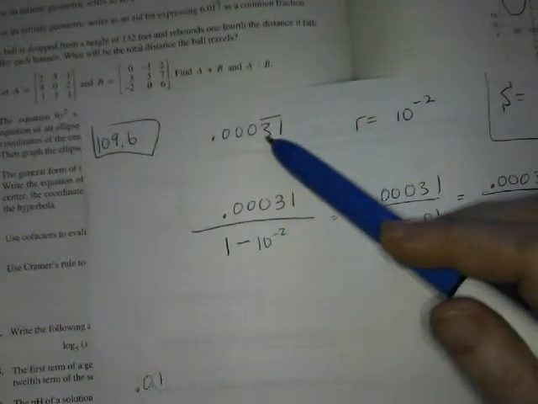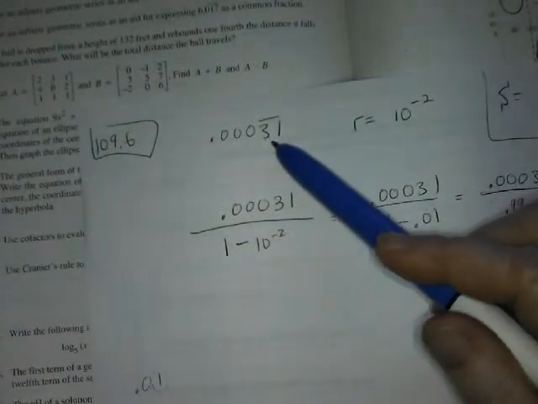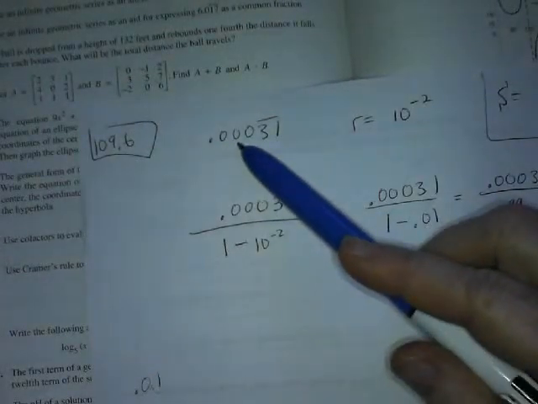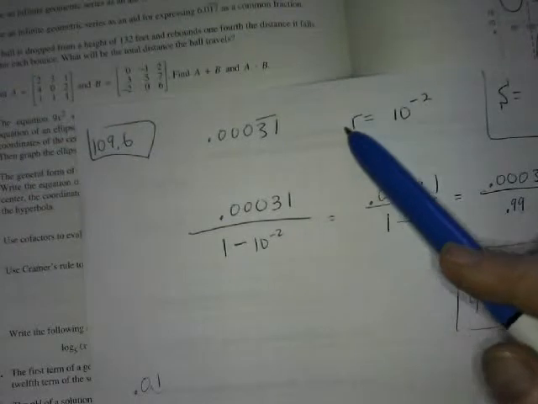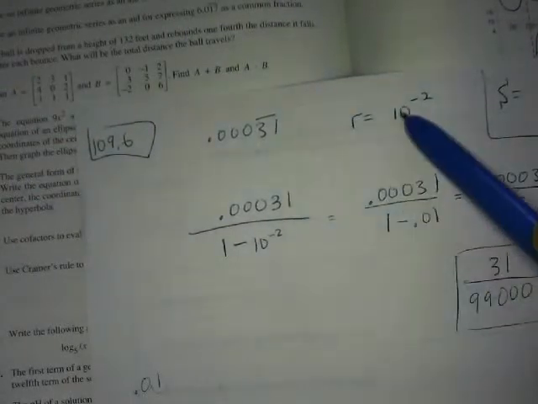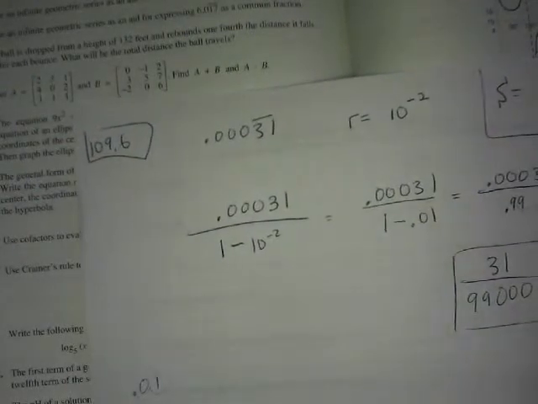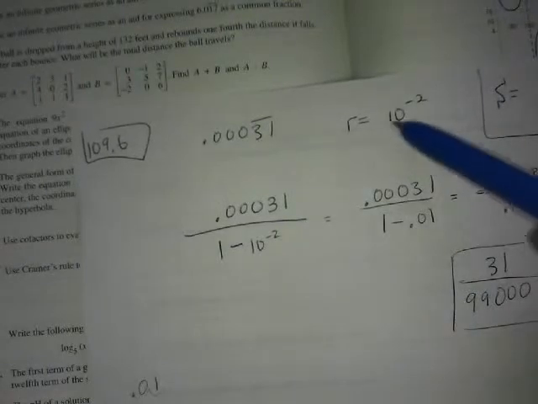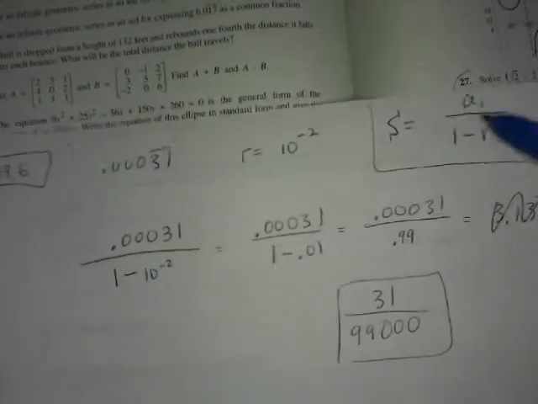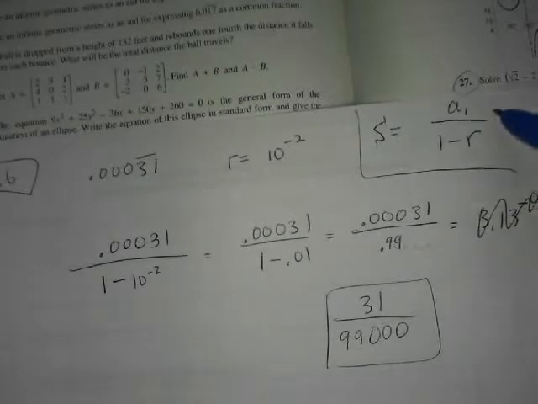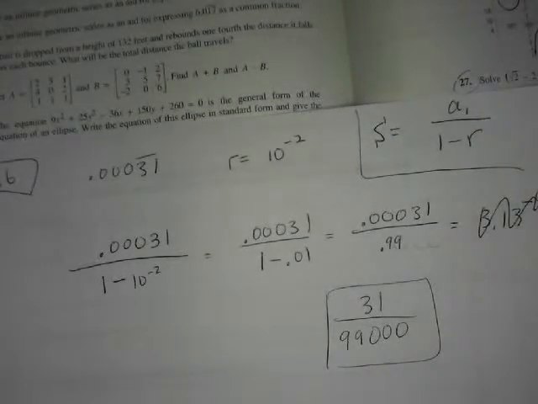There are 2 digits repeating, because this little bar means it goes 0.00031313131. So since 2 digits are repeating, I know R is 10 to the negative 2.